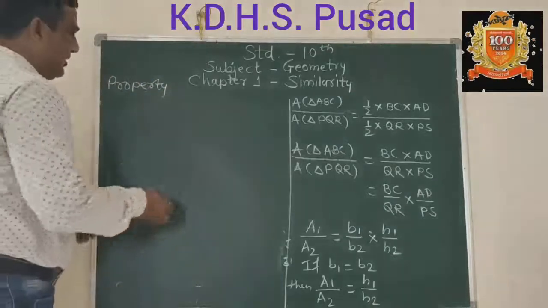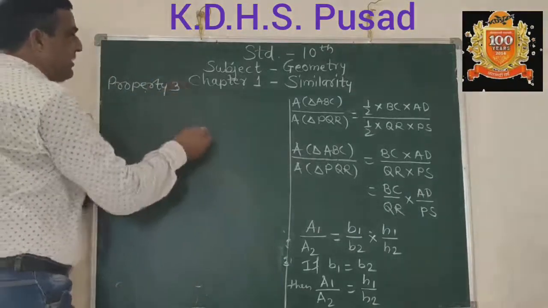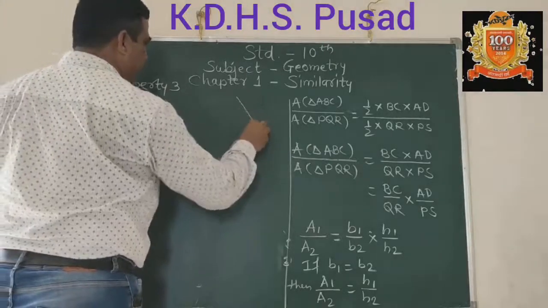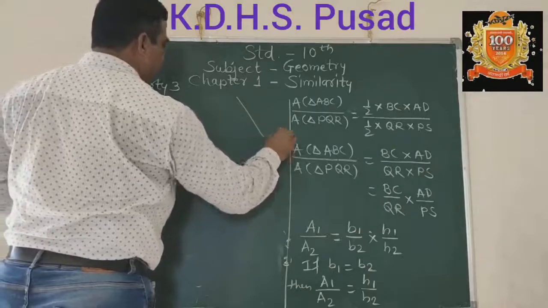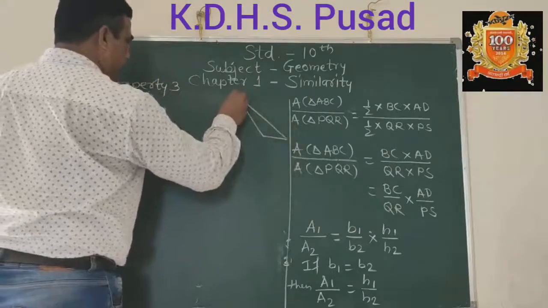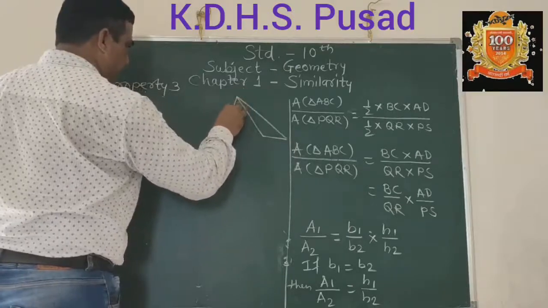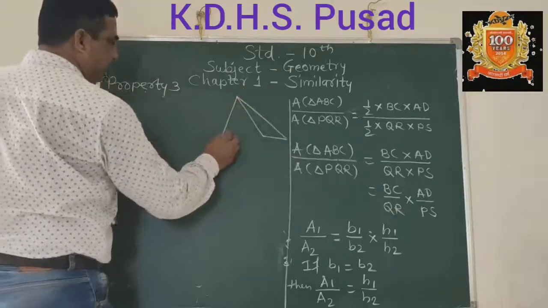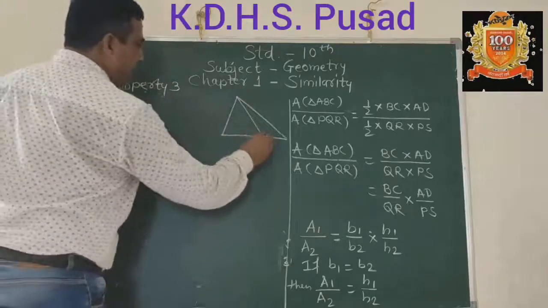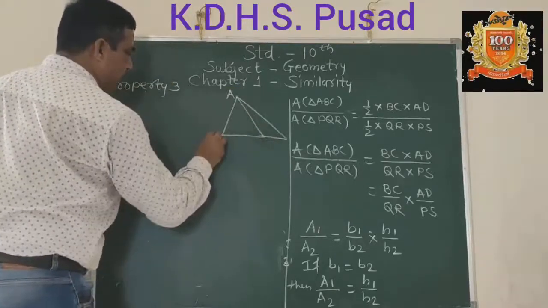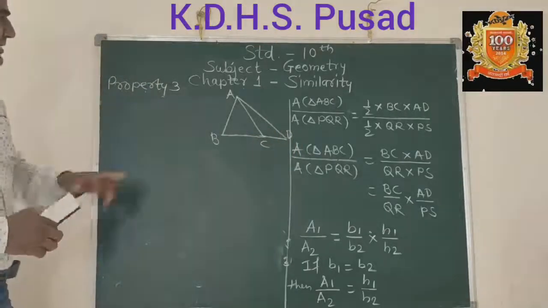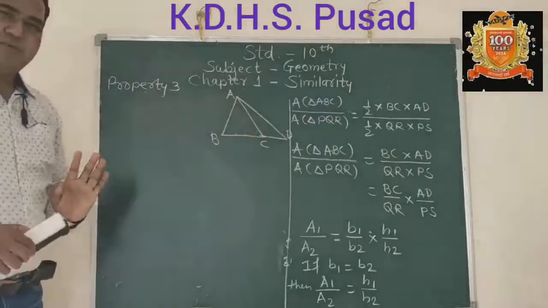Property 3. First of all, I will draw the diagram here, then I will continue. So here two triangles ABC and ACD.